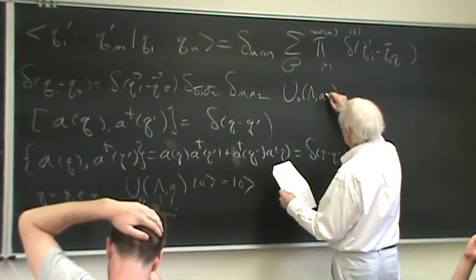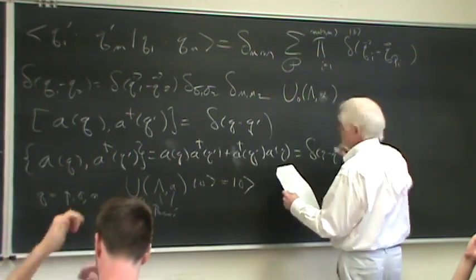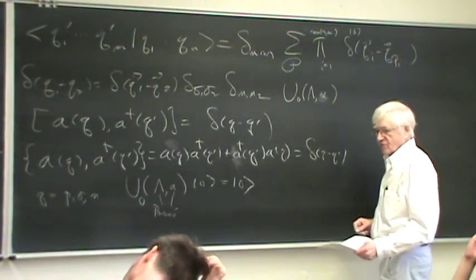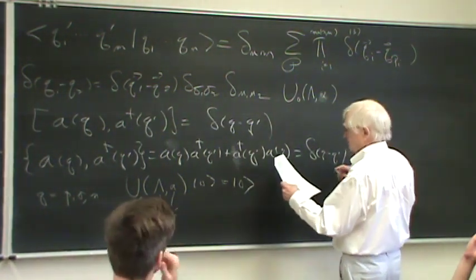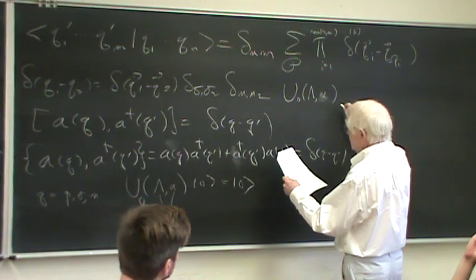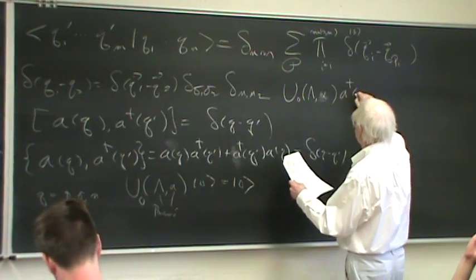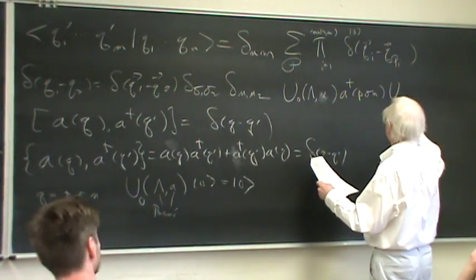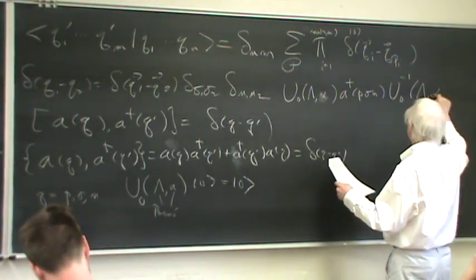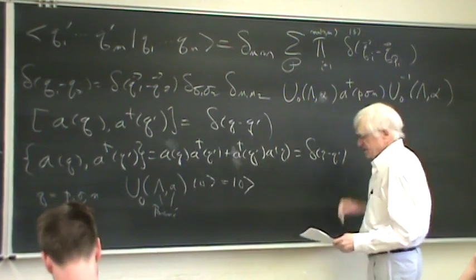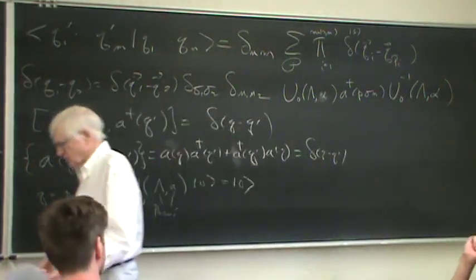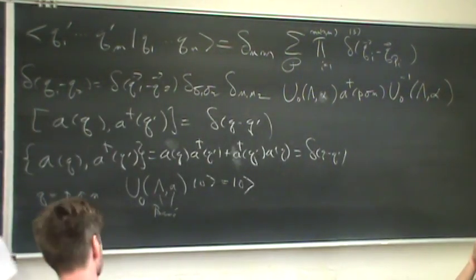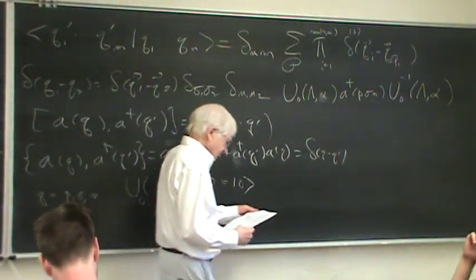In fact, he uses alpha here, and the reason he did was to avoid the question you just asked. So a dagger, now let's do p sigma n. We can infer then how a creation operator transforms, since we know how states transform.